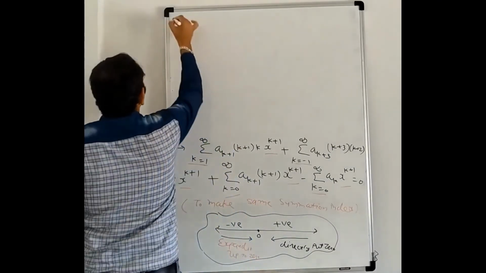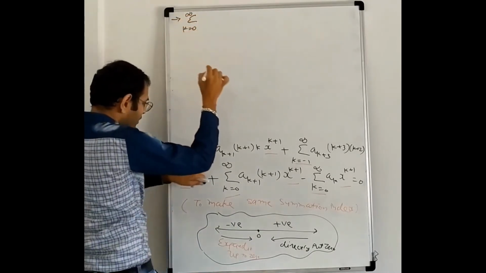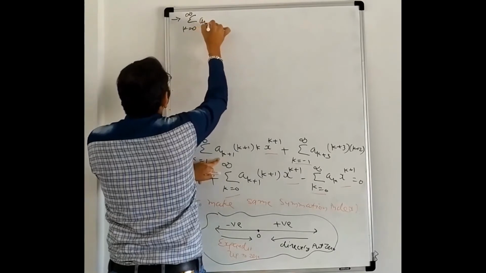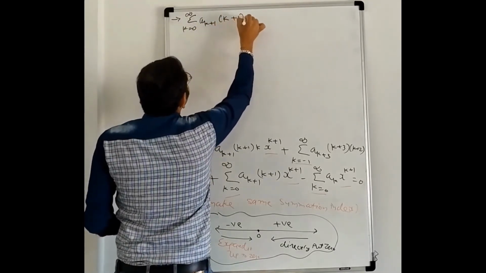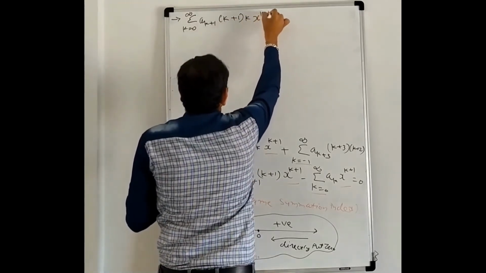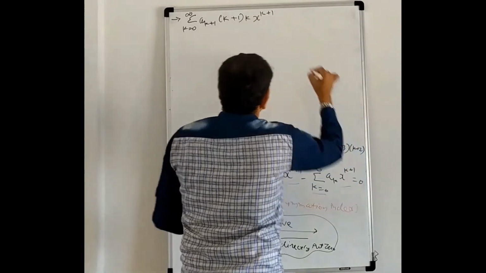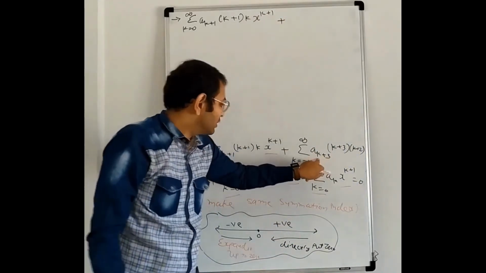Then in the first term, summation k equal to 0 to infinity, (k plus 1) k a_(k+1) x raised to k minus 1... x raised to k plus 1. In the second term, put the value k equal to minus 1.